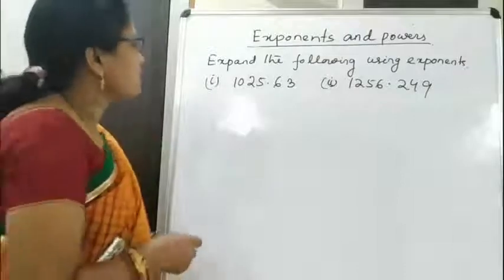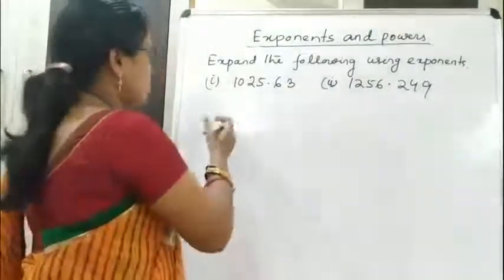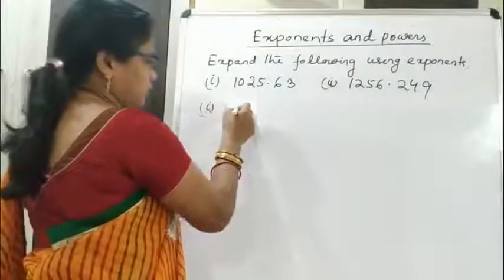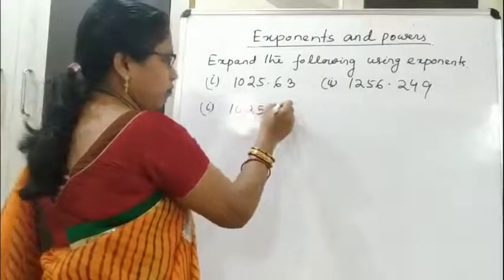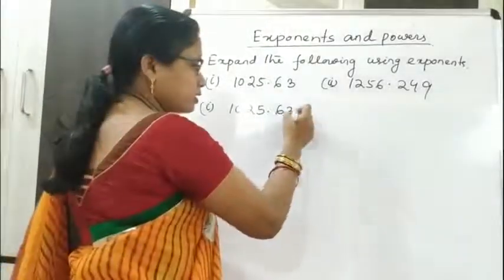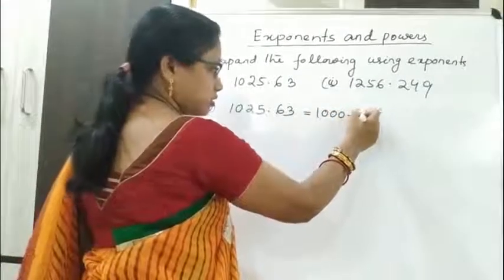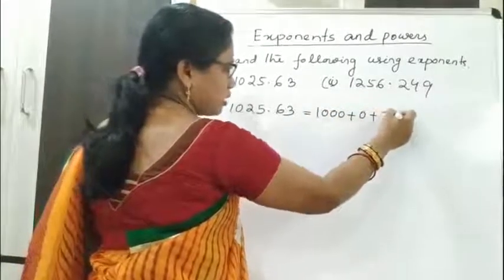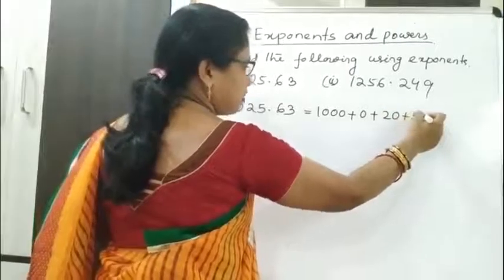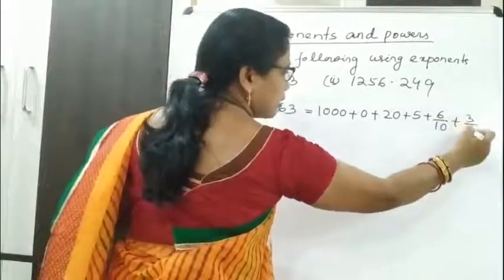Let us solve this. Expand the following using exponents. So first one, 1025.63. So previously we are writing this in expanded form as 1000 plus 0 plus 20 plus 5 plus 6 by 10 plus 3 by 100.